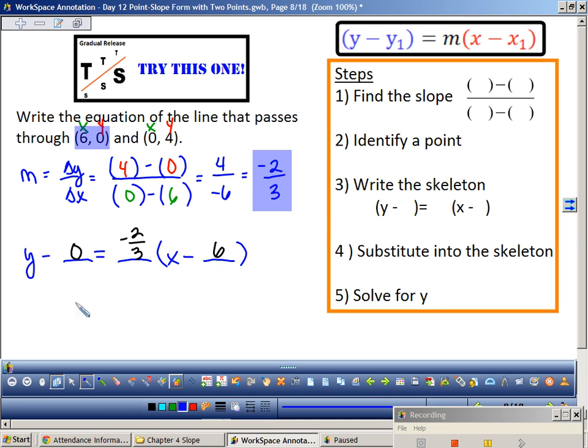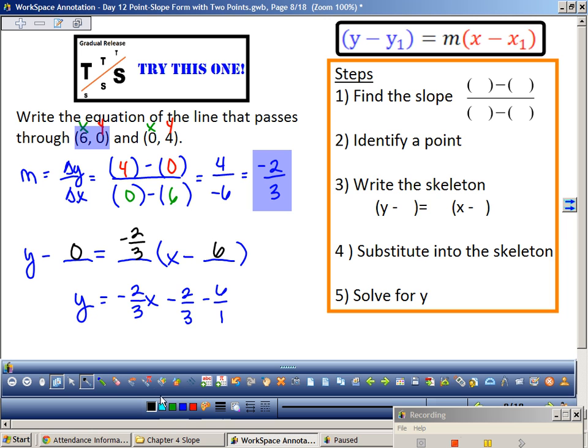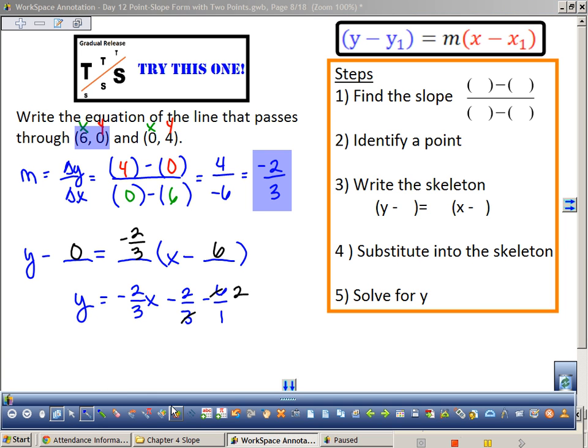Tell me what you write. Y equals negative 2/3. Good job. Let's multiply that out and see what happens. Negative 2/3 minus 6 over 1. What gets canceled with that? The 3's, and what's left over? A 2. So let's rewrite this.